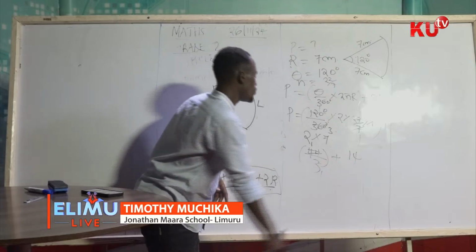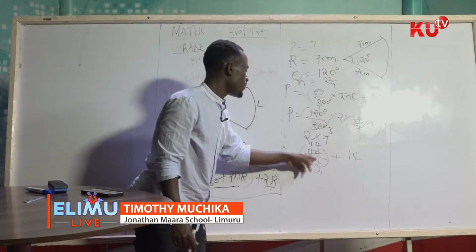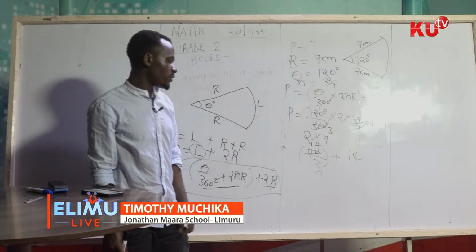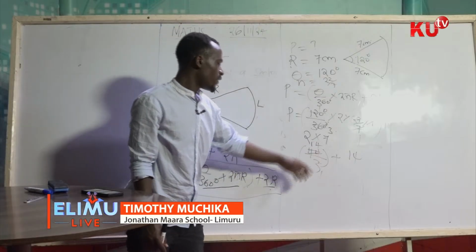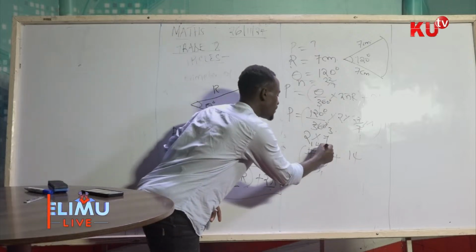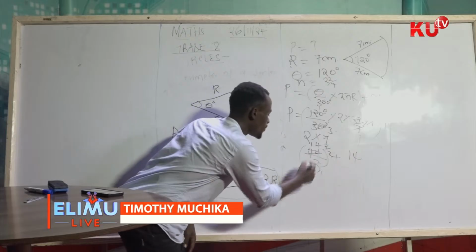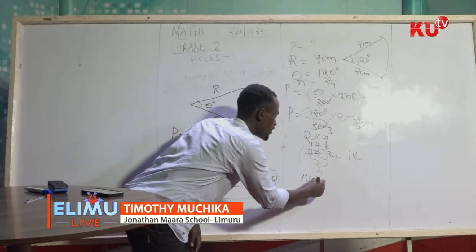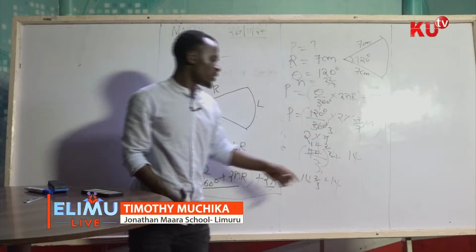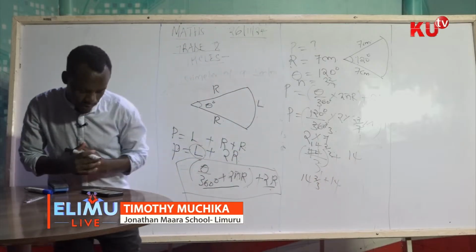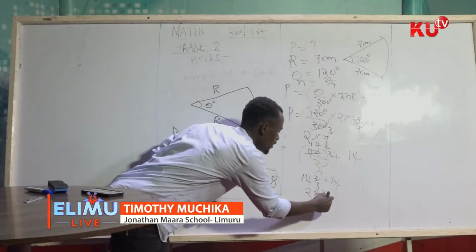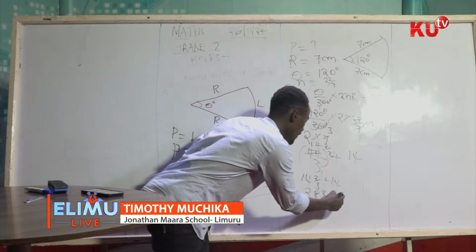It goes 4 times. 3 by 4 gives you 12, so it remains 2/3. So it is 14 and 2/3, and you add it to 14. When you add this together, you get 28 and 2/3 centimeters.